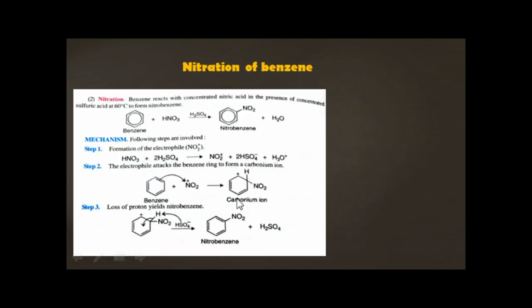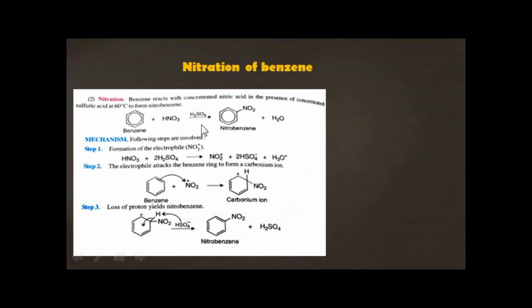Let me switch over to the next type of aromatic electrophilic substitution, nitration of benzene. Let me point out the overall reaction of nitration. Here, benzene reacts with concentrated nitric acid in presence of concentrated sulfuric acid.